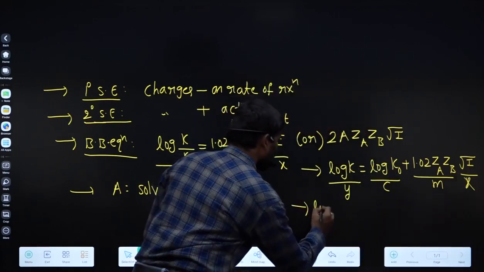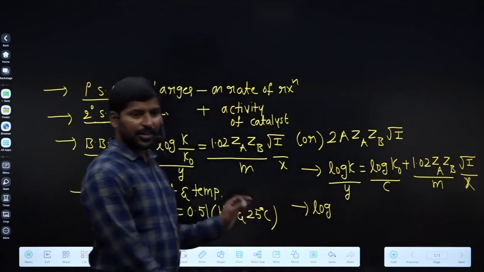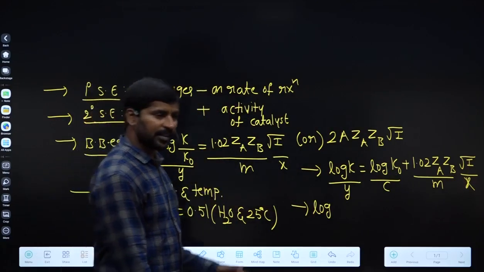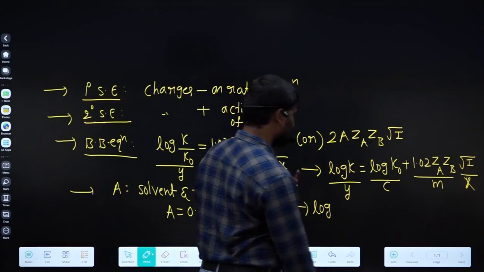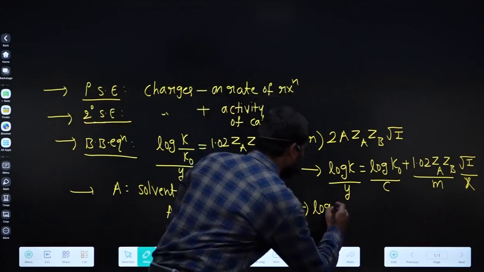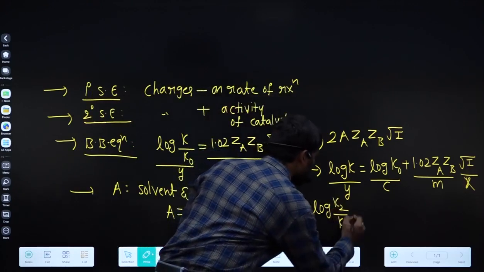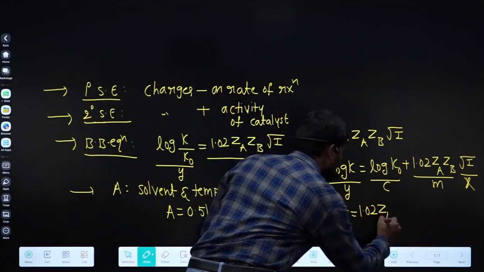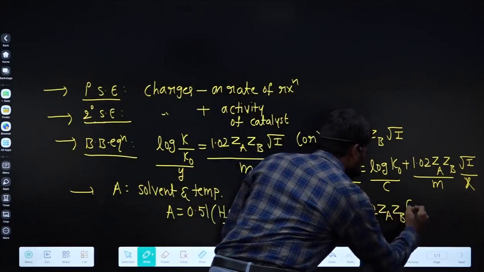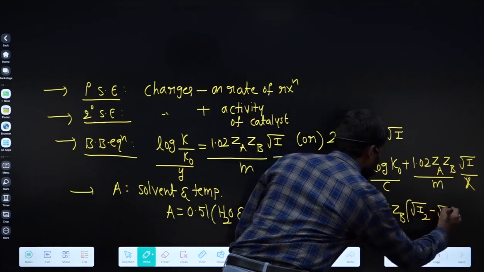And finally, we discussed the same reaction studied at two different ionic strengths. The rate constants we considered as K1 and K2, then log K2 by K1 is equal to 1.02 ZA ZB times square root of I2 minus square root of I1.